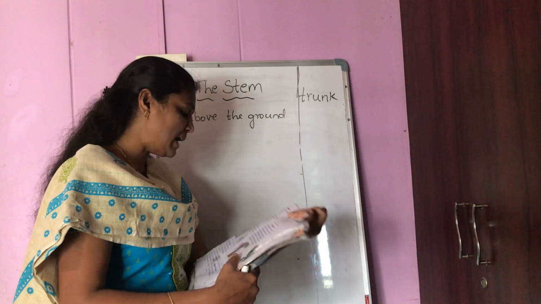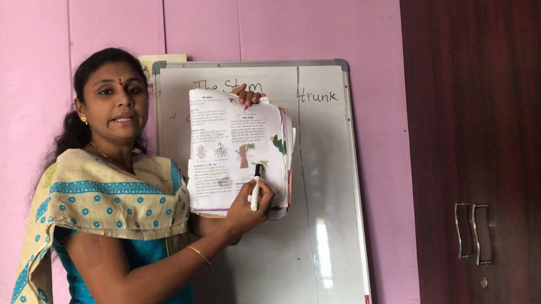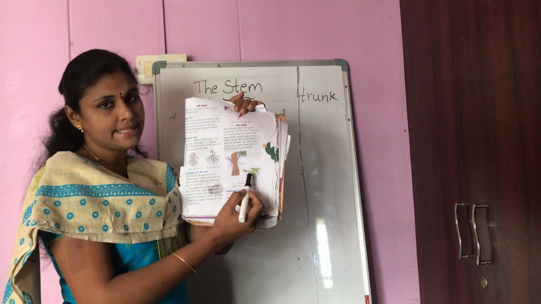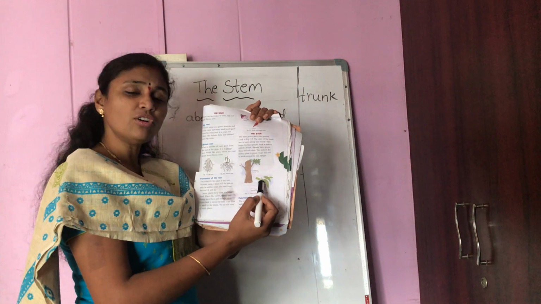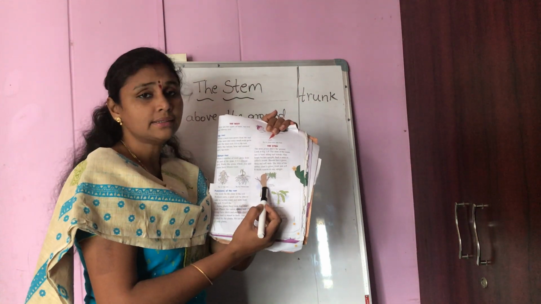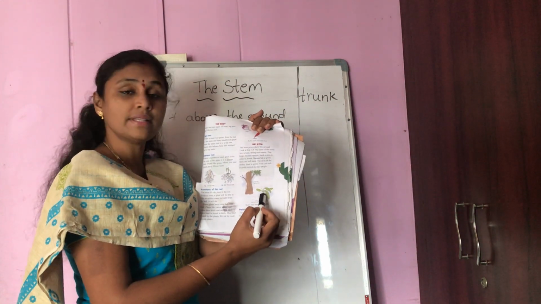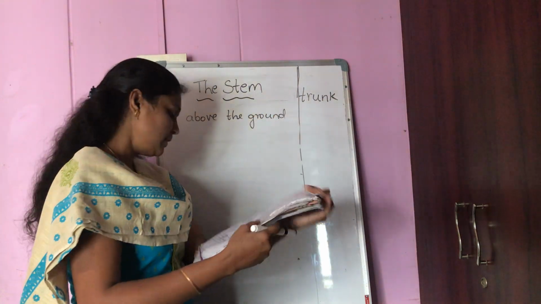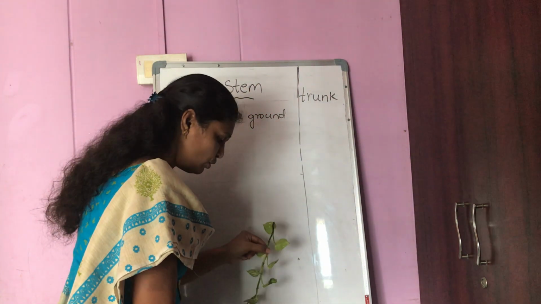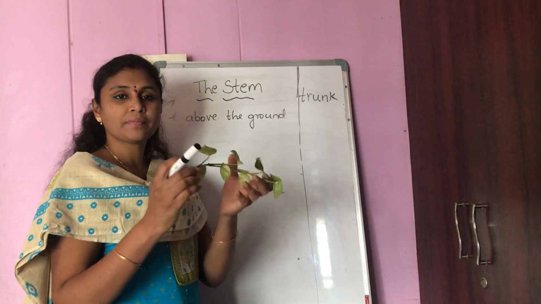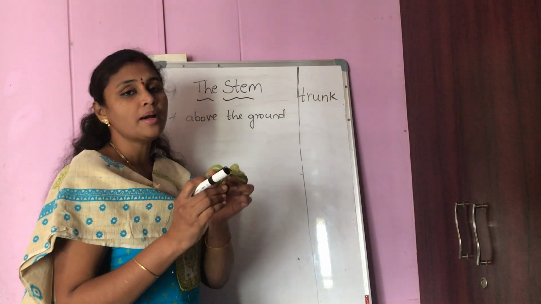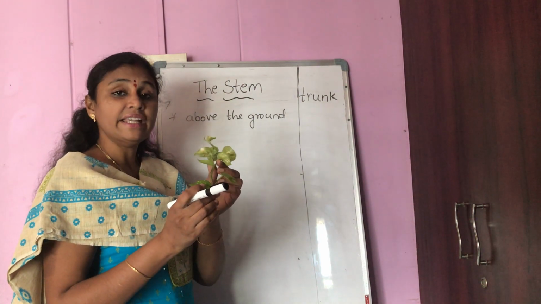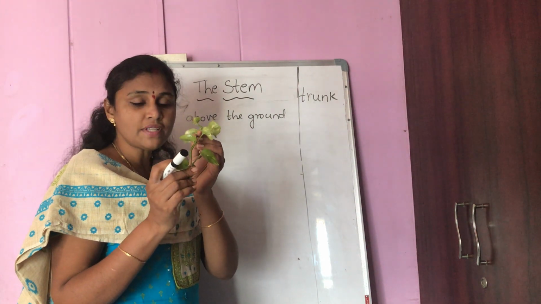For some plants like banana, it has a green stem, isn't it? But not as hard as a neem tree. The stem is weak. See, do you know what this is, children? Yes, it is a money plant. What was the color of the stem?